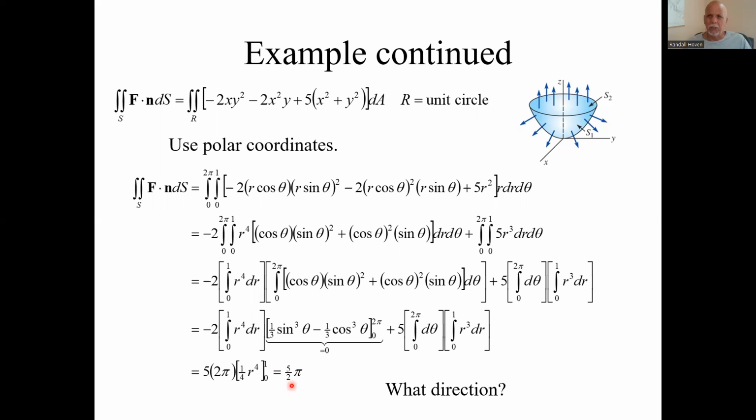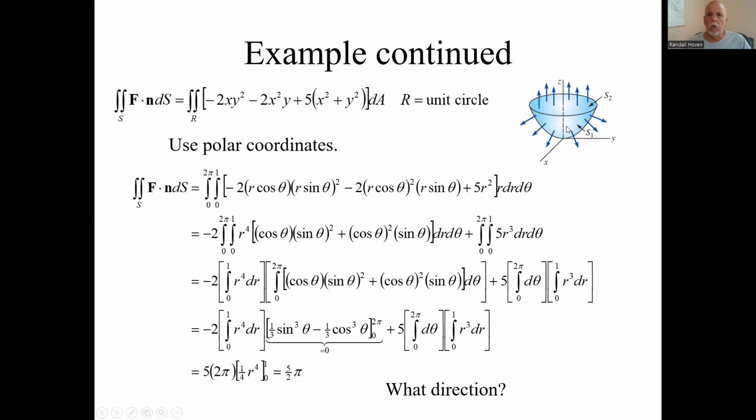What is the direction of that flux we just calculated? When we use the PQR method, the convention is in the positive z direction. So we got an upward flux. The problem asks for the total outward flux out of the whole surface, the two surfaces.